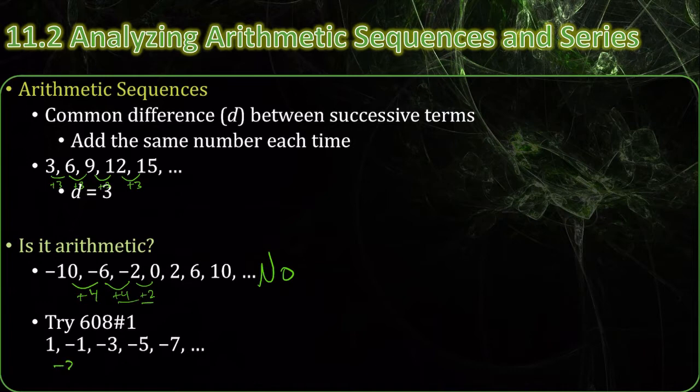Well, here you actually subtract 2, subtract 2, subtract 2, subtract 2. So that's subtracting, so it means it's not. Oh, but yes it is, because subtracting is the same thing as adding a negative 2. So yes, where d is negative 2.